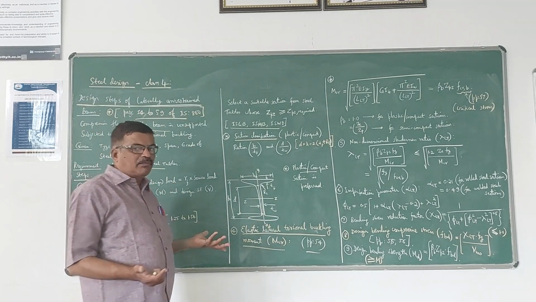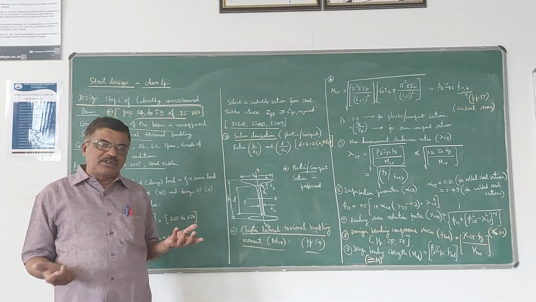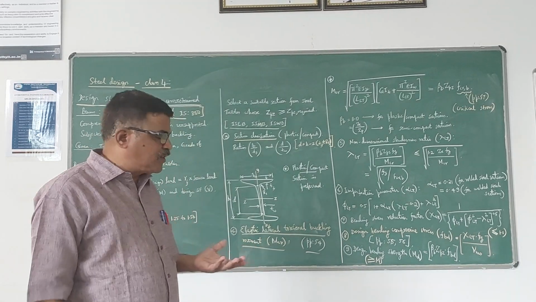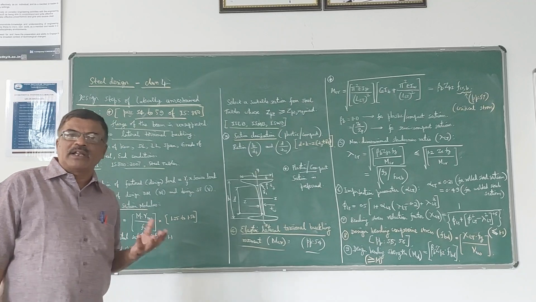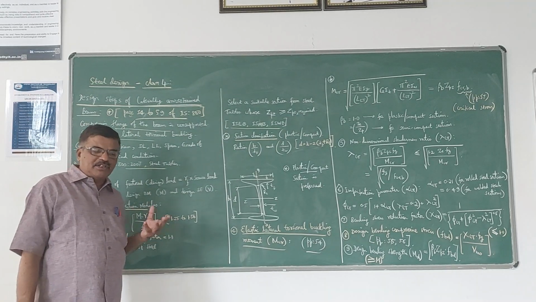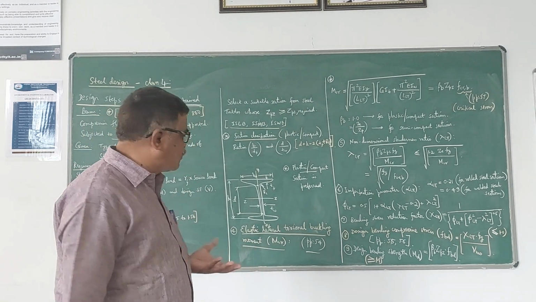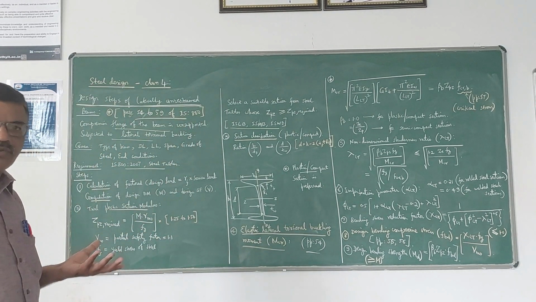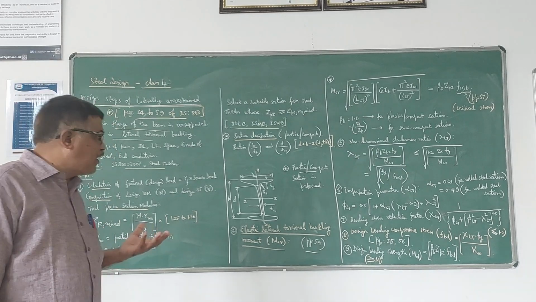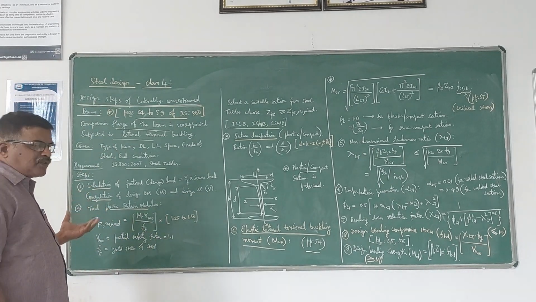Suppose, for example, if the dead load is UDL and the live load is also UDL, then the maximum bending moment occurs at the center, and if it is a simply supported beam, it is WL square by 8. The maximum shear force will be at the supports, where the value is WL by 2.